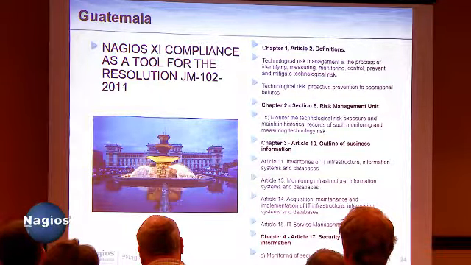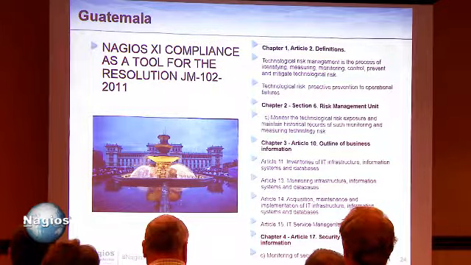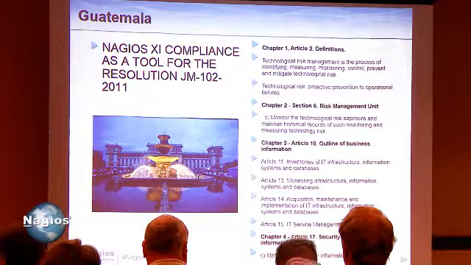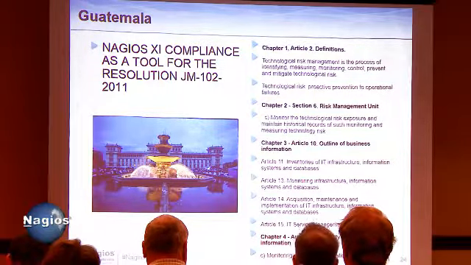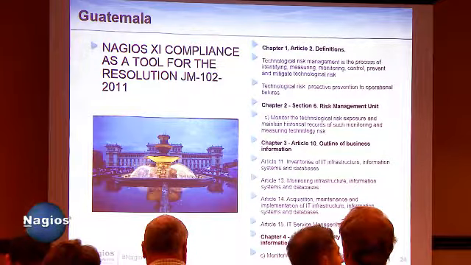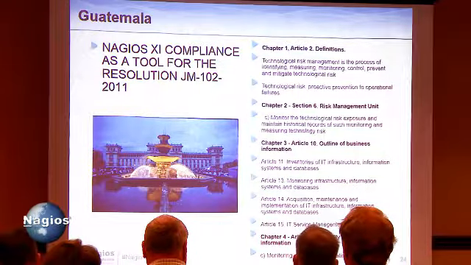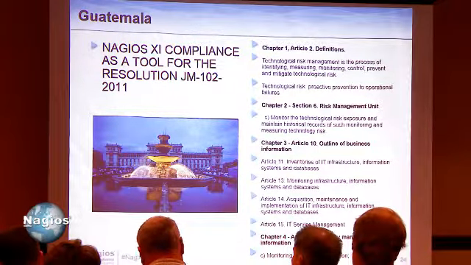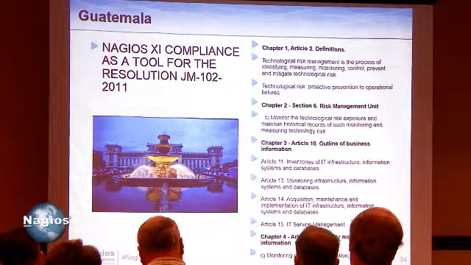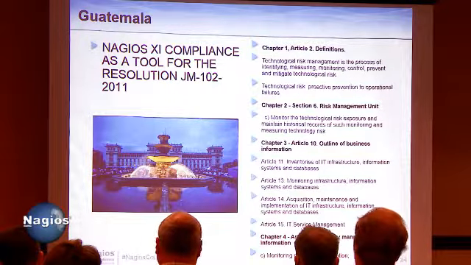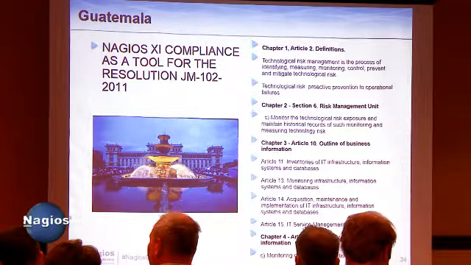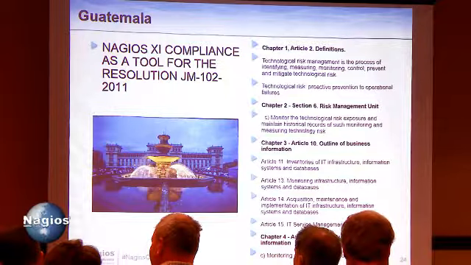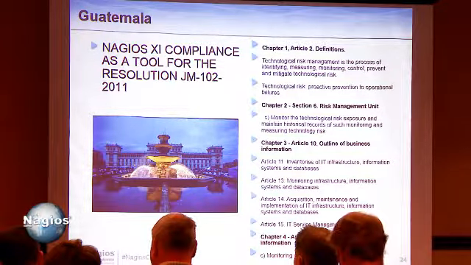Okay, and inventories on IT infrastructure: with Nagios we can have inventories, the infrastructure information system database, monitoring of infrastructure and information systems, acquisition and implementation of infrastructure information, and IT service management. Okay, Nagios helps with the banks. In Guatemala, banks use Nagios.